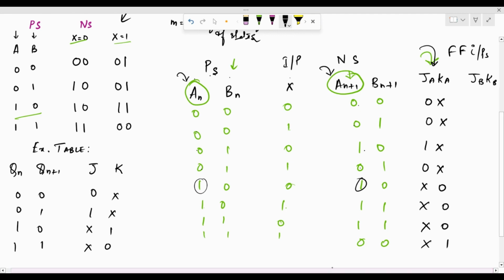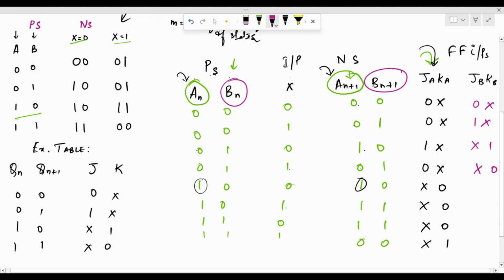In a similar way, we can fill up the excitation inputs for JK flip-flop B by observing the present state Bn and the next state Bn plus 1. 0 to 0 is going to be 0 don't care, 0 to 1 is 1 don't care, 1 to 0 is going to be don't care 1, and 1 to 1 is going to be don't care 0.